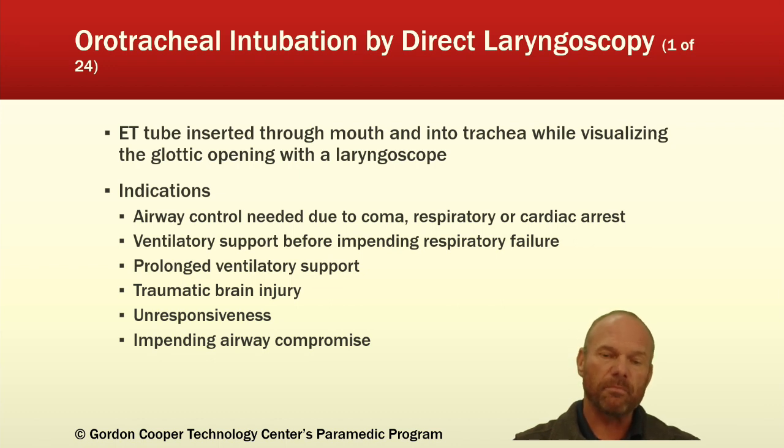And then, of course, unresponsive patients who can't protect their own airway. Also when impending airway compromise is expected, like burns or trauma, things that might obstruct the airway, that's going to be a good time too.